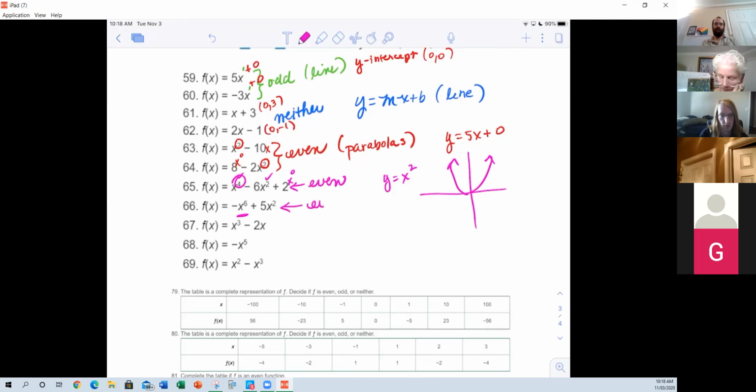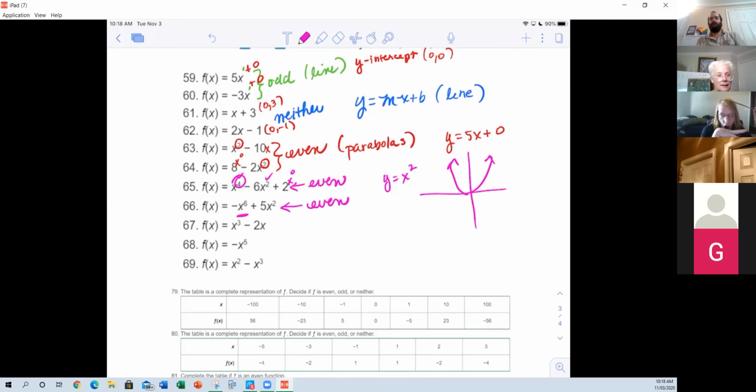And why? The exponents are even numbers. What are all the exponents here? And it's a polynomial. 6 and 2. Right, the exponents are all even, so it is even.